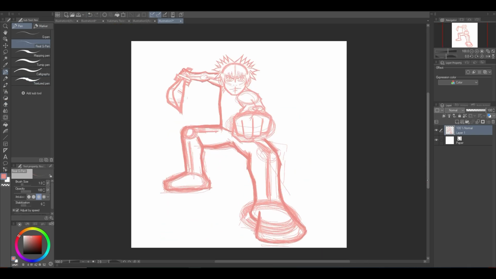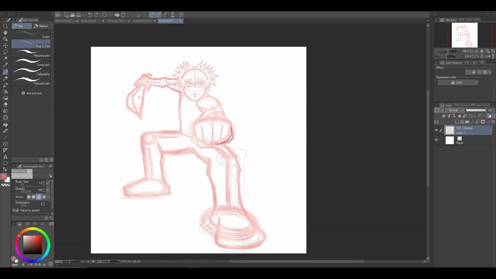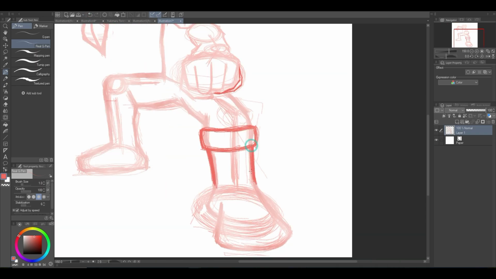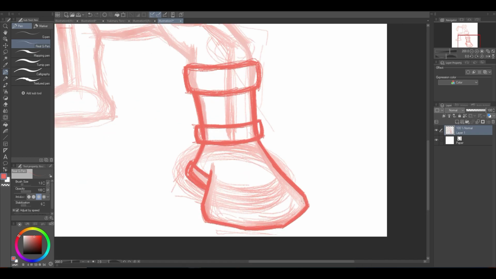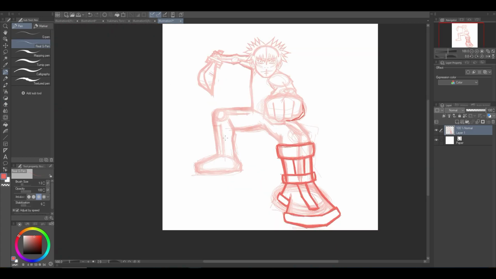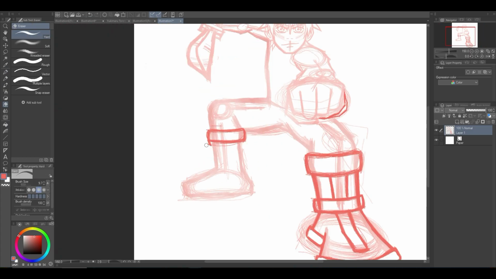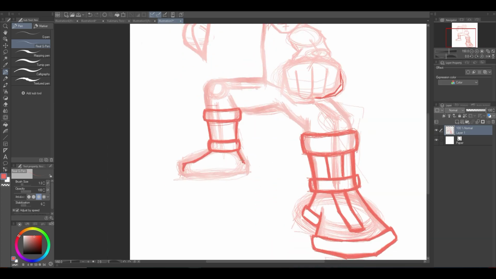Now, as you can see, that fist is bigger than it would be if it was closer to his body. But because he's extending his arm, his fist looks bigger, and it's actually cutting off most of his arm. Like, you cannot see most of his arm. You can see little bits of his arm, like where it's being extended from, but you can't necessarily see his triceps, places like that on his body.